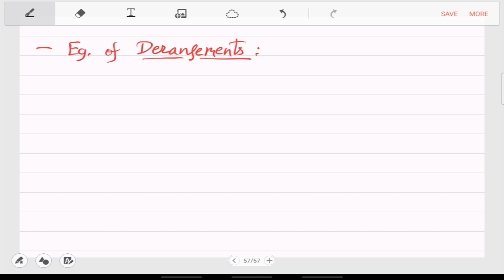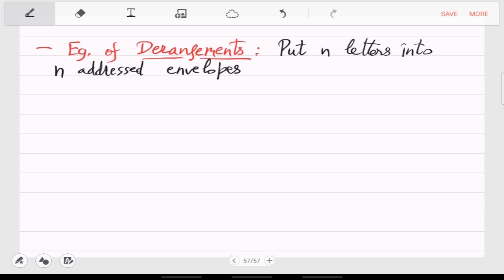Right, and the traditional way of posing it is you want to put n letters into n addressed envelopes. And let me add that these are distinct. So there are n distinct letters which you want to send to respective addresses, and envelopes are addressed already, and then you want to put one letter each in one envelope, and a derangement will be when every letter is misposted.